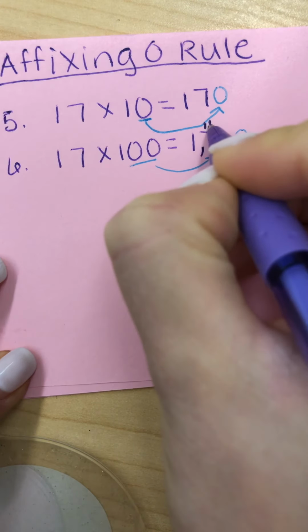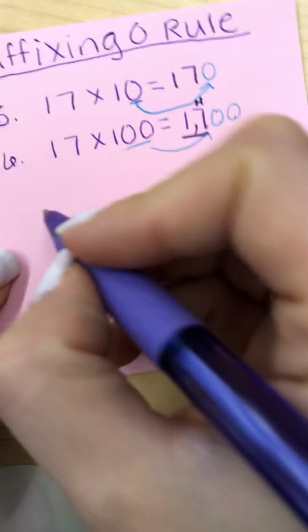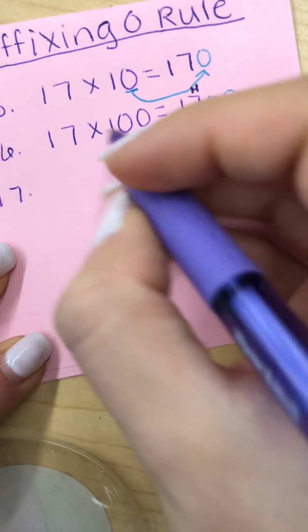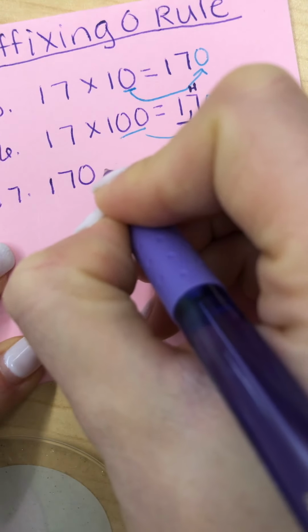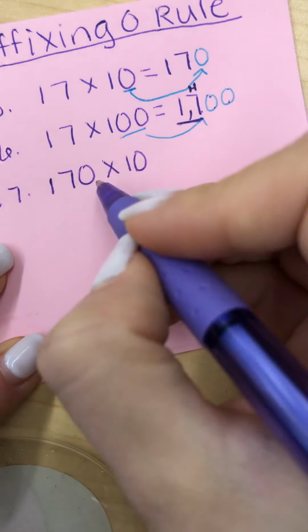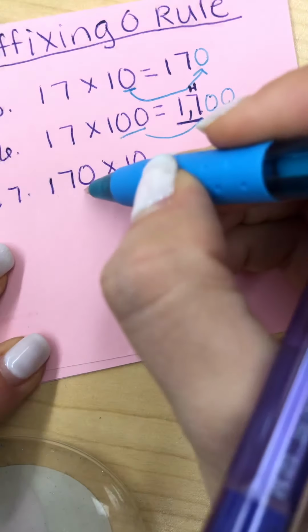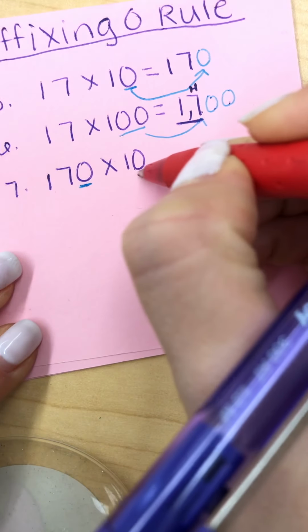If you look in the hundreds place, we have 17. All right, number 17 on our worksheet. Funny, same number. Let's try something a little trickier. 170 times 10. So we have a 0 here, and then also a 0 here in 10.